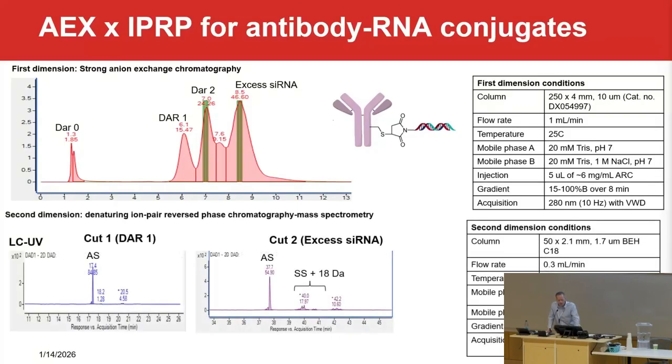And so the second dimension, again, was an ion pair reverse phase denaturing assay, where it was really informative to know the quality, in particular, of the excess siRNA that didn't get conjugated, whether or not we could forward process or purify, rather, the excess siRNA that did not get conjugated. Can we reuse that, or is it degraded? So it's very informative, again, to our process chemists.